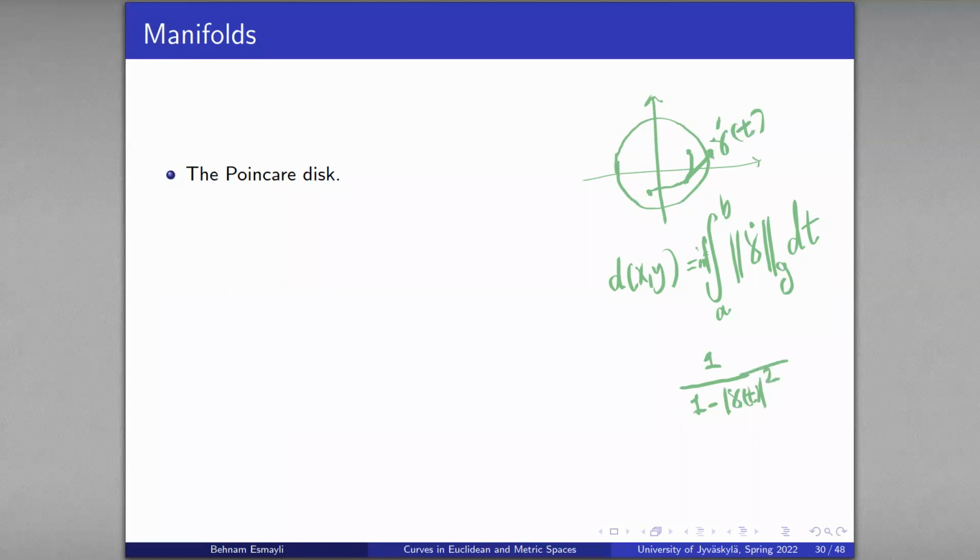And as you see, if gamma t is closer to 1, if you are closer to the boundary, then this becomes a very large quantity. So curves that go near the boundary become really long, and curves that remain close to the origin are the shorter ones. And it turns out as a result of this that if you pick, say, two not very special points within your disk, the shortest curves will look like this.